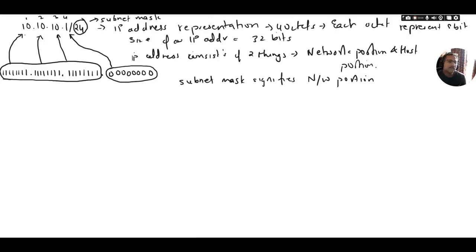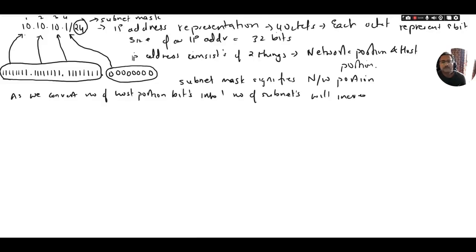As we convert the host portion bits into 1, the number of subnets will increase, and the number of hosts per subnet will decrease, right?